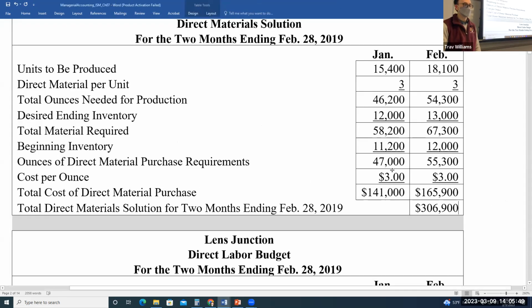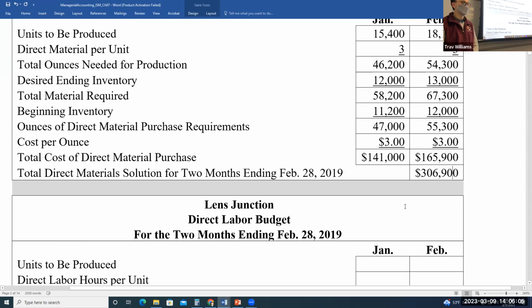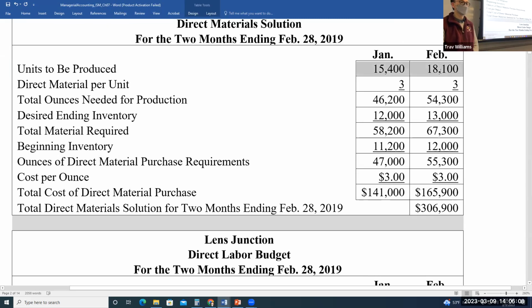Okay. All right, so we finished our 2 materials budgets. Any questions on that? Okay, all right. So let's go on to labor. Units to be produced. Is that going to be the same units to be produced we had up here? It is.